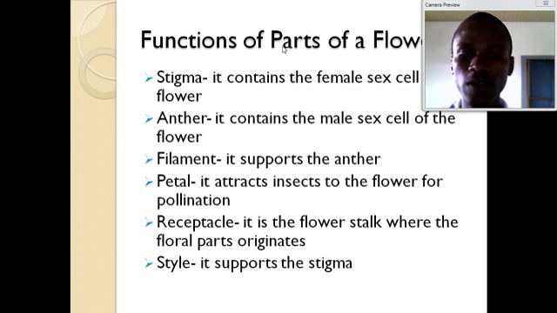Now, let's take a look at the functions of some parts of the flower. Stigma. It receives the male sex cell of a flower. Anther. It contains the male sex cell of the flower. Filament. It supports the anther.